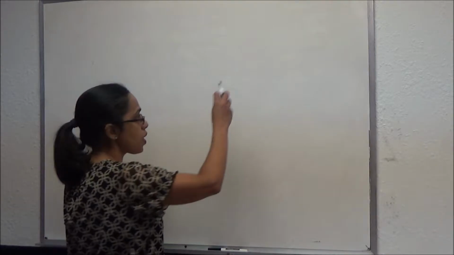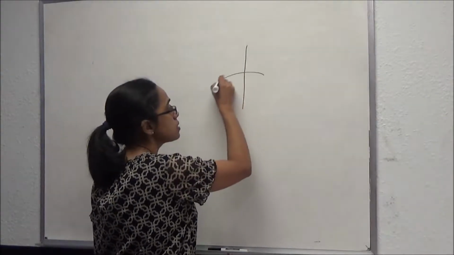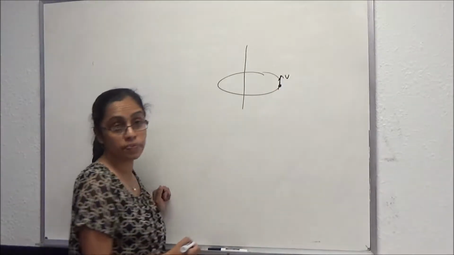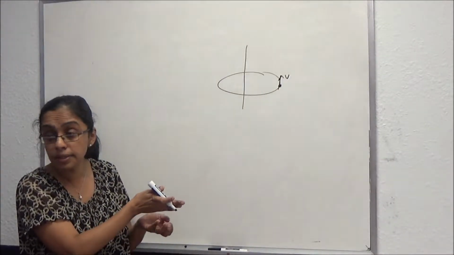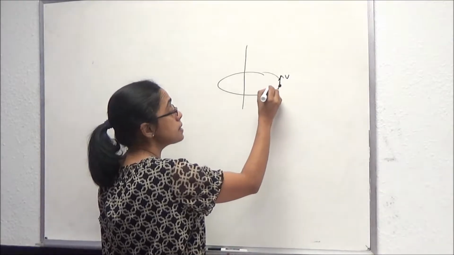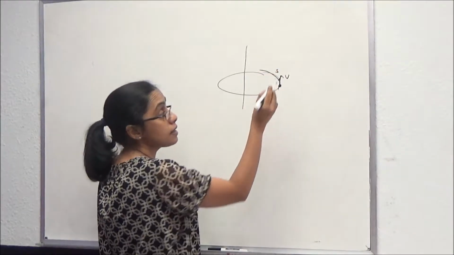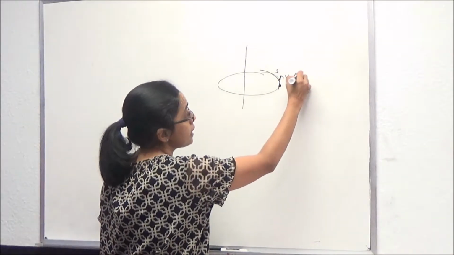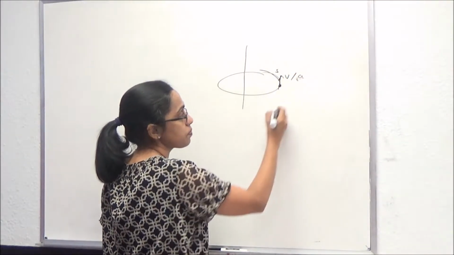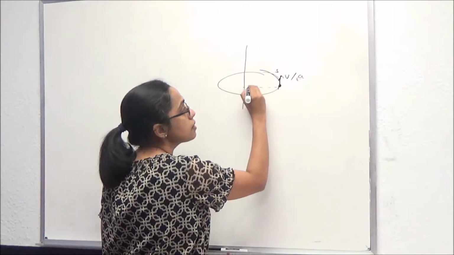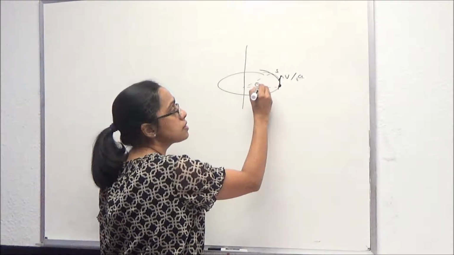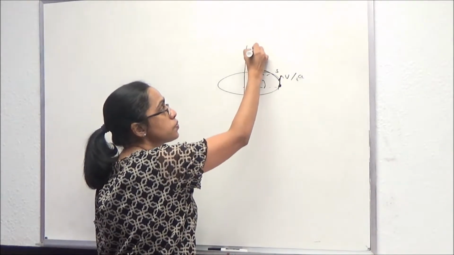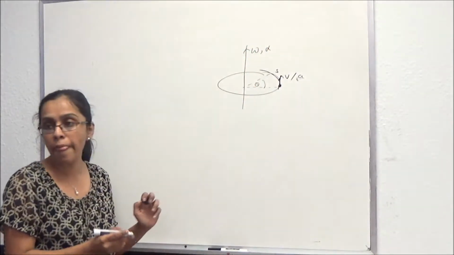So I will draw a circular motion. This is the linear velocity, it should be tangential. Then this is the displacement S and acceleration A. This is theta, and this will be omega and alpha.